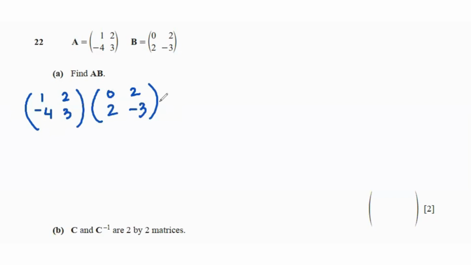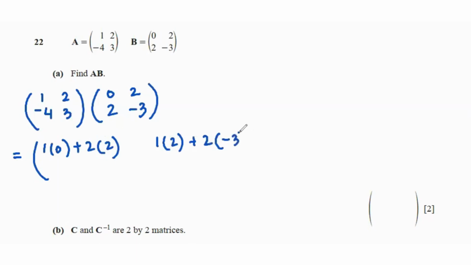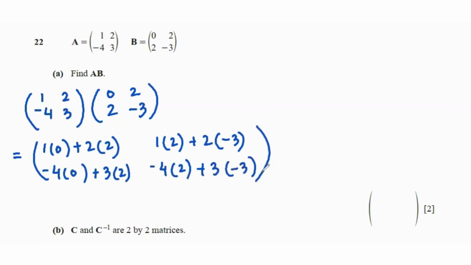of the second matrix, then the second column, and then we repeat the same steps with the second row of the first matrix. So that's going to be 1 times 0 plus 2 times 2, then 1 times 2 plus 2 times negative 3, negative 4 times 0 plus 3 times 2, negative 4 times 2 plus 3 times negative 3.